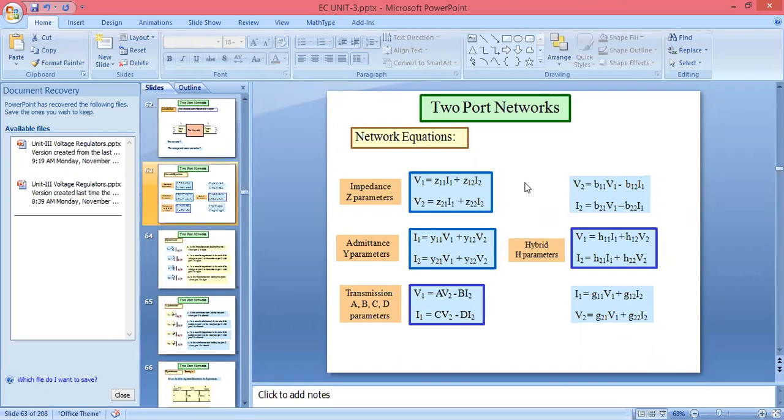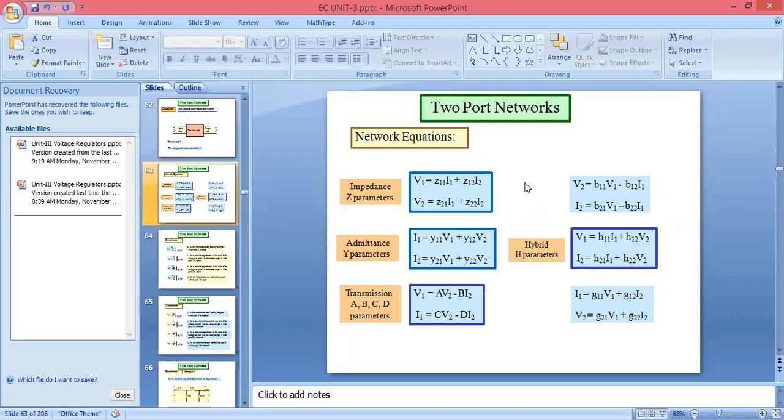So, depending on these 4 variables, we will get the 6 different parameters in the two-port network. And these parameters of the network represent the characteristics of a particular network.